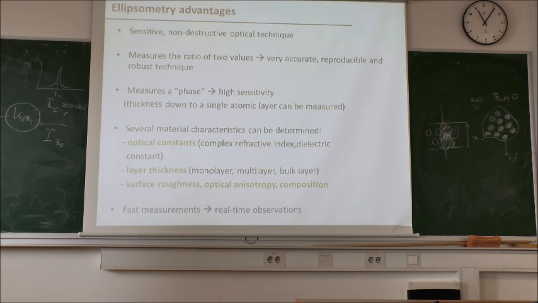It can also measure surface roughness, optical anisotropy, and composition. Because these measurements take only a few seconds, we can perform real-time observations of various processes, for example, etching, oxidation, thermal annealing, and so on.